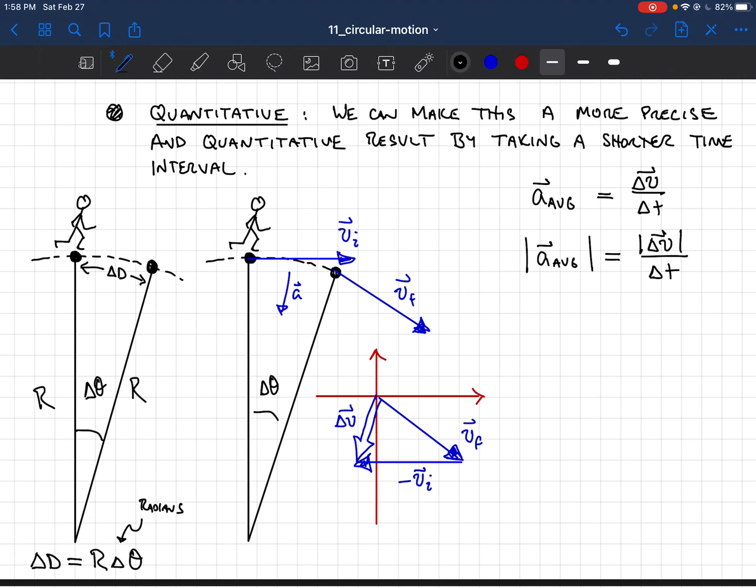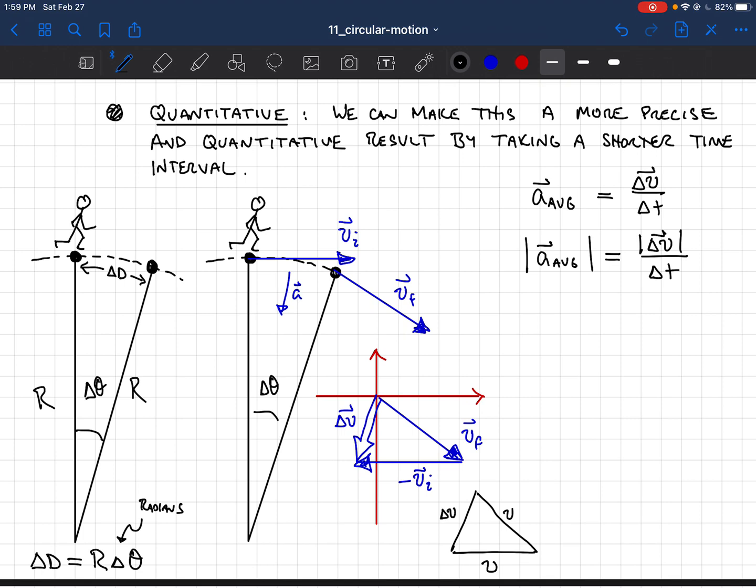If I look at this little triangle, I can draw it like this, where each side is just the speed of the runner, because we're assuming that the magnitude of the initial and the final velocities are the same.